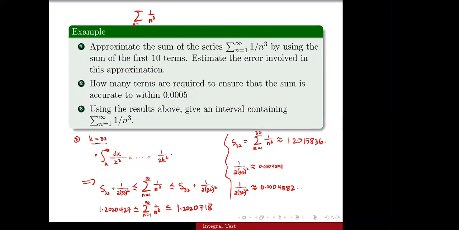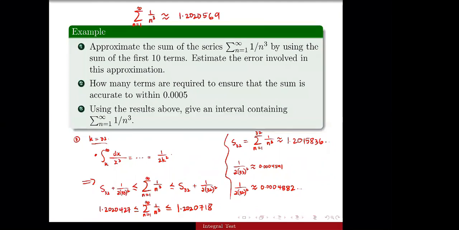The sum of 1 over n cubed from 1 up to plus infinity is approximately equal to 1.2020569.